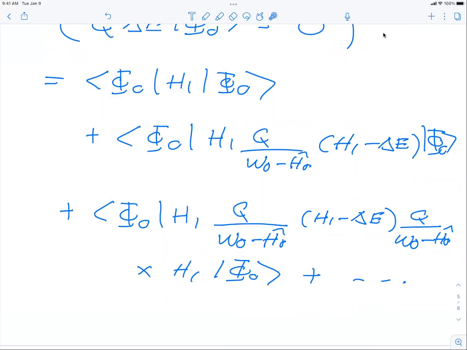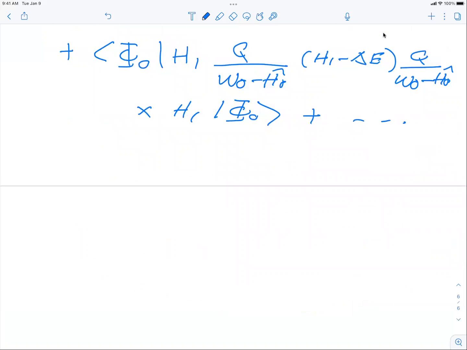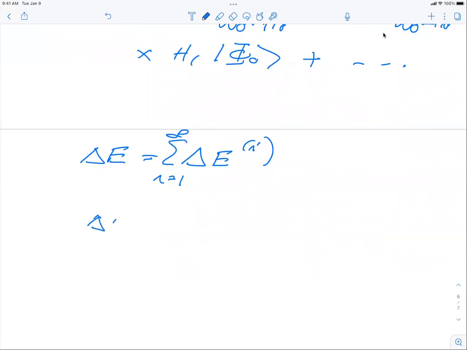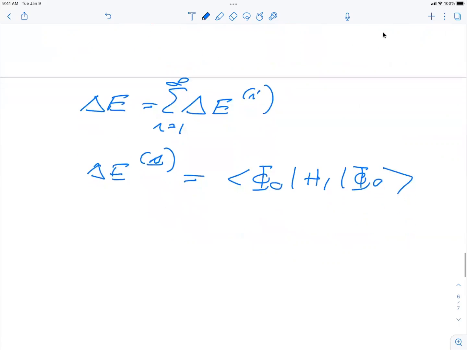So that means that I can rewrite what I have here as a sum, where I now have delta E, again, equal to the sum over I equal 1 to infinity of delta E of I. And then my delta E of 1 is going to be the same as we had in Brillouin-Wigner perturbation theory. This is just phi 0 of H of I of phi 0, and we have calculated this many times. Then I have my second order term.